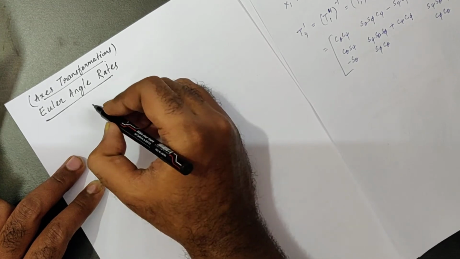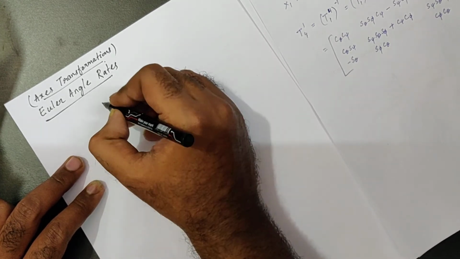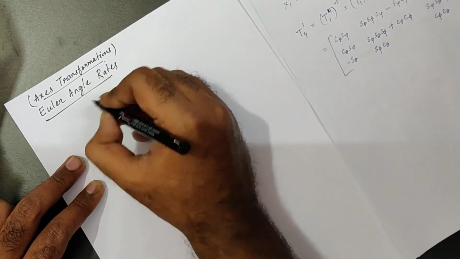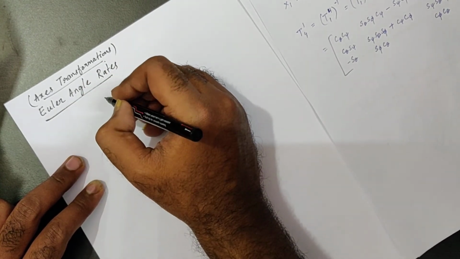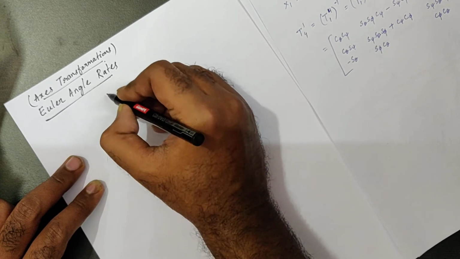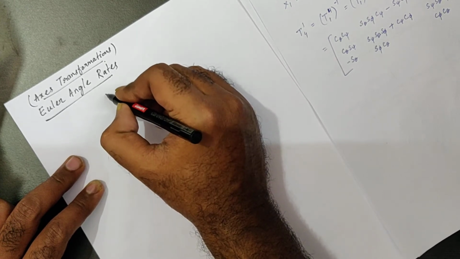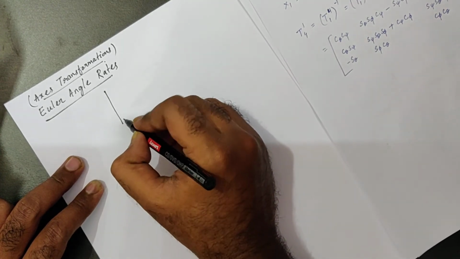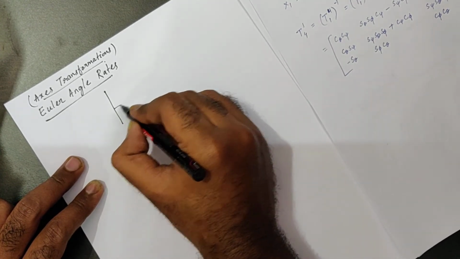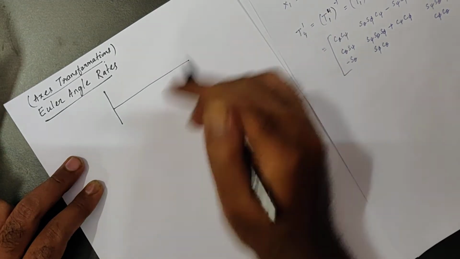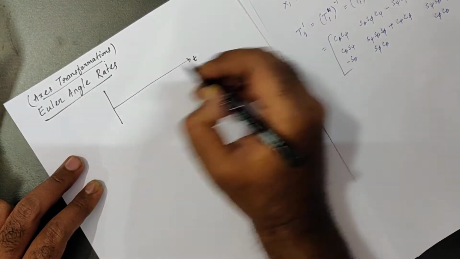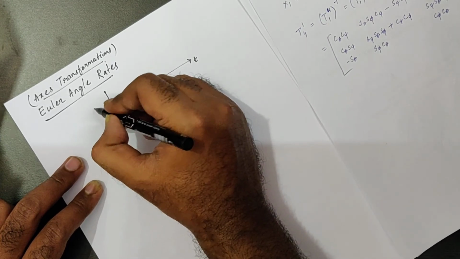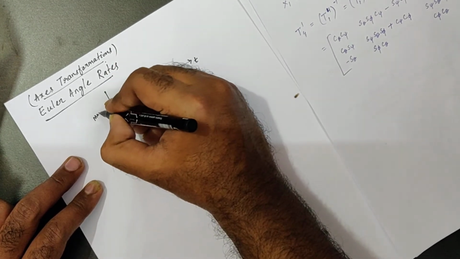For example, how do the plots of the Euler angles look like? So I'll draw it here. If this is your timeline, so this is the t axis and this is the magnitude.